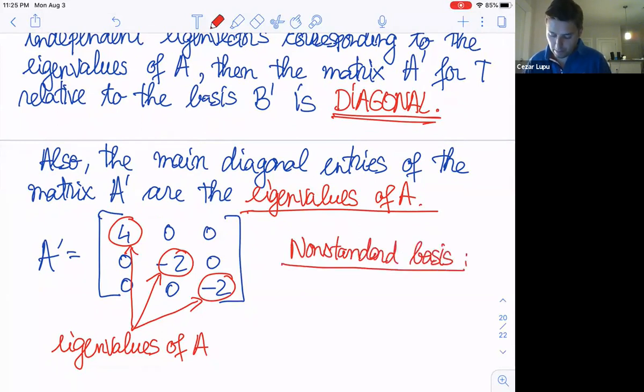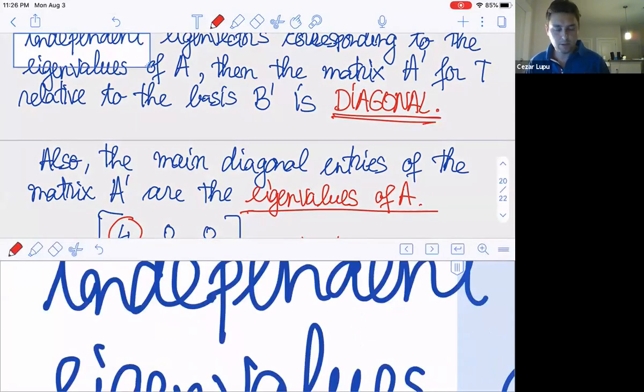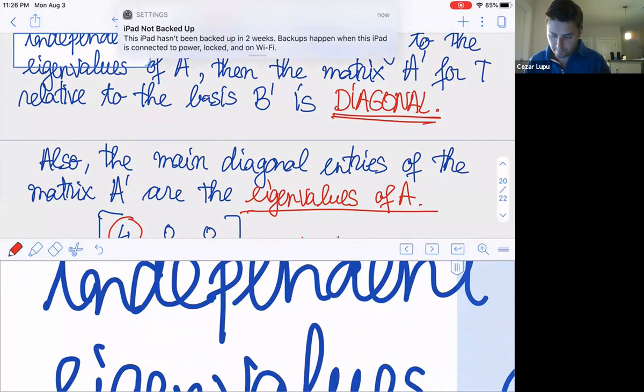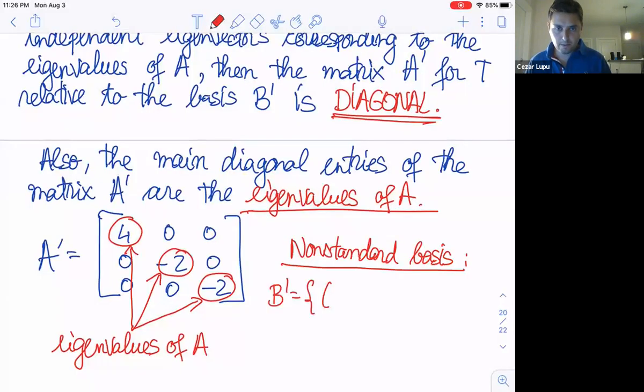And the non-standard basis B prime was, sorry about that, (1, 1, 0), (1, negative 1, 0), and (0, 0, 1).